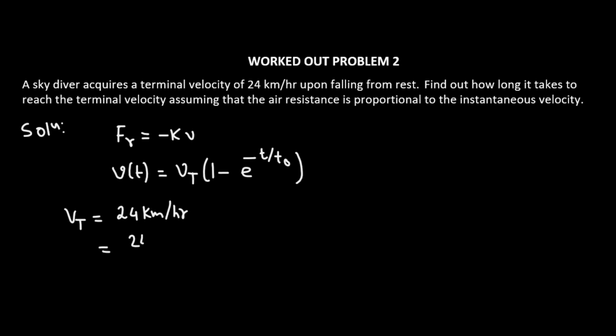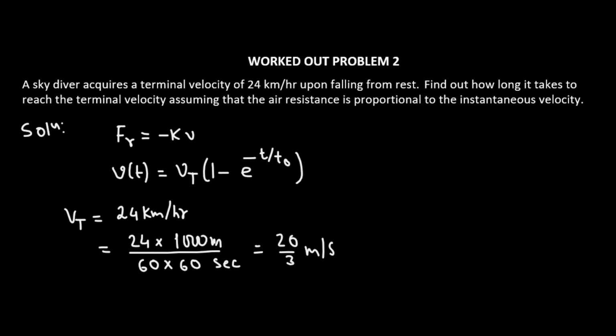That is 24 times 1000 meters divided by 60 times 60 seconds. Upon solving this, we get 20/3 meters per second, which is the terminal velocity.